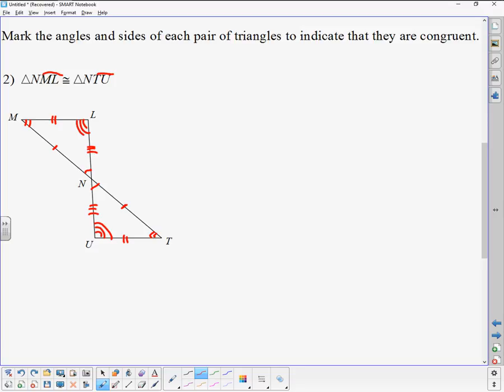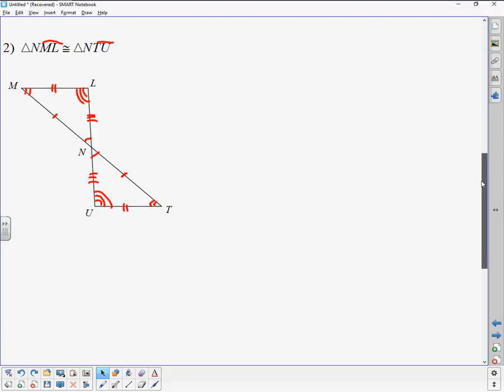Okay, so all the angles that have the same tick marks should be congruent, and all the sides that have the same tick marks should be congruent. The way they wrote this is no accident. N corresponds to N, M to T, and L to U. That's what you have to do. Put the tick marks, and that's it. You got it.